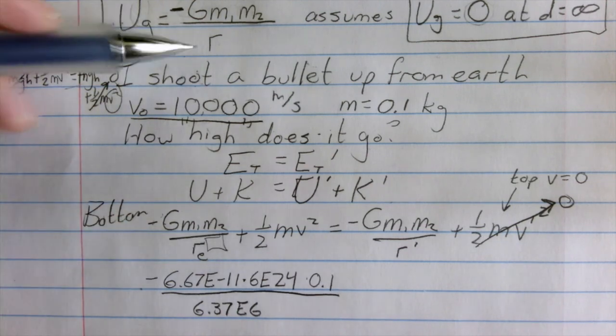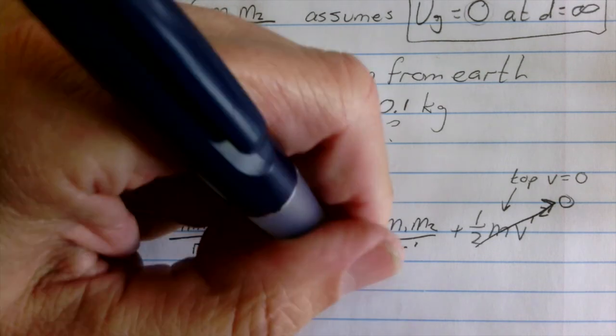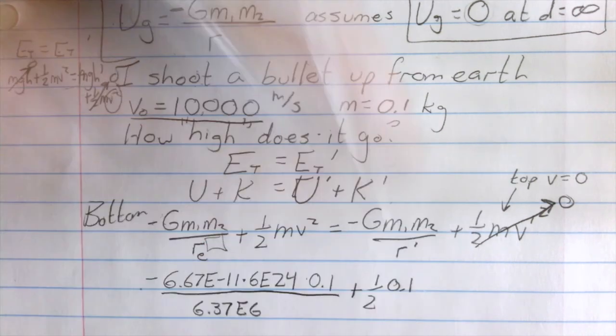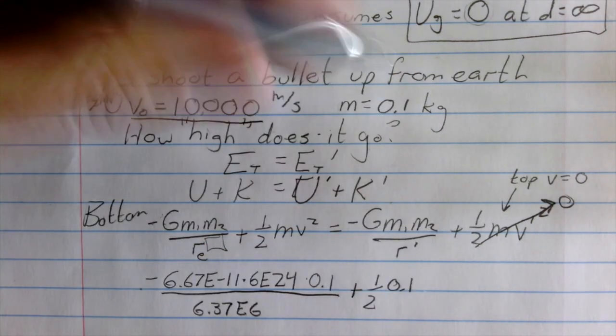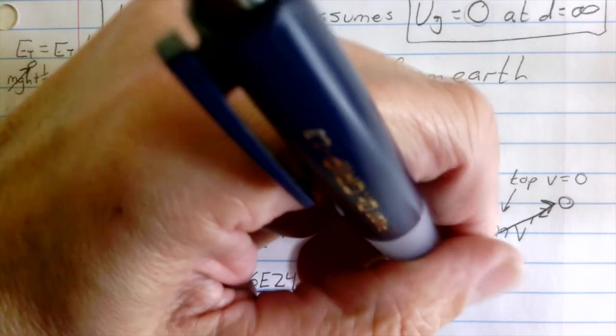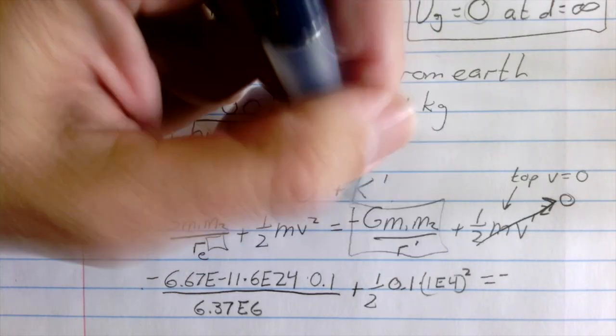This looks an awful lot like the gravitational force equation, but there's no squared in the R. Okay? Plus 1/2 mv squared, 1/2 times 0.1, the mass of the bullet is the thing that's traveling, times 10,000, that's 1e4 squared, equals negative, and now I'm doing this term, 6.67 e minus 11 times 6e24.